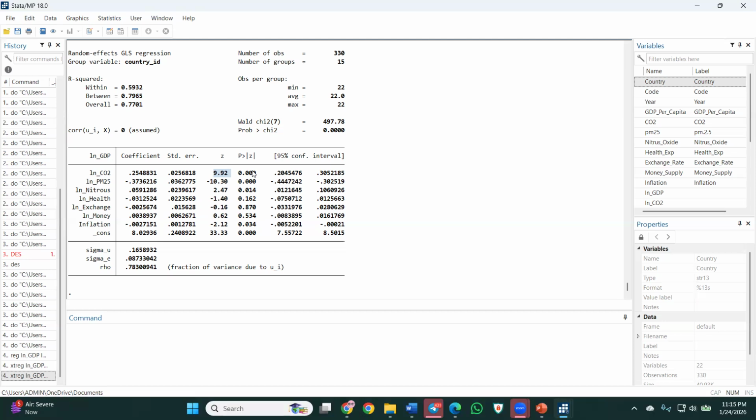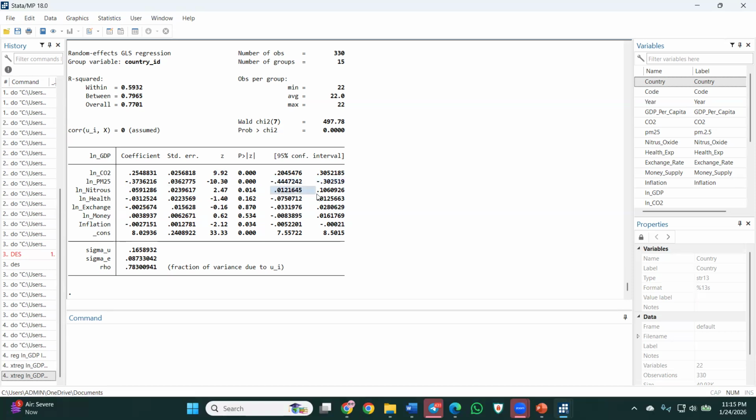When you look at PM 2.5, the confidence interval goes from negative 0.44 to negative 0.302. Moving from negative to negative, there's no zero in between. It means that variable is significant.